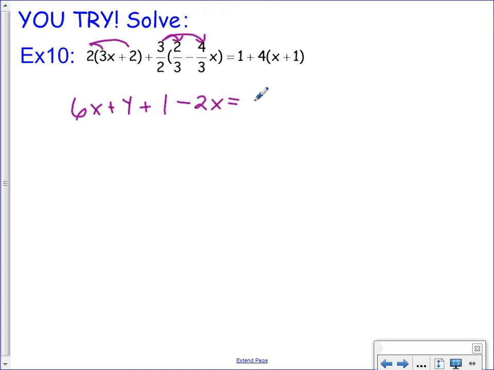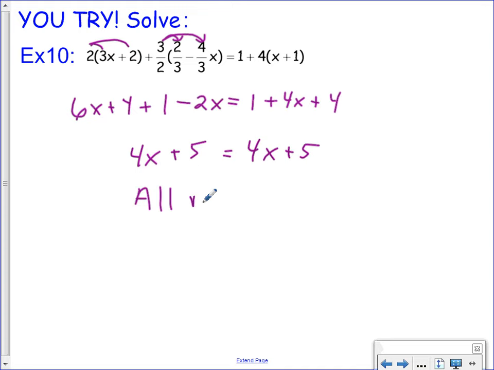There we go. 1 plus 4x plus 4. 6 minus 2x, that's 4x. Plus 5 equals 4x plus 5. It's infinite, yes. It's infinitely many solutions. In our case, the solution is all real numbers. That's the one where the line is on top of itself.